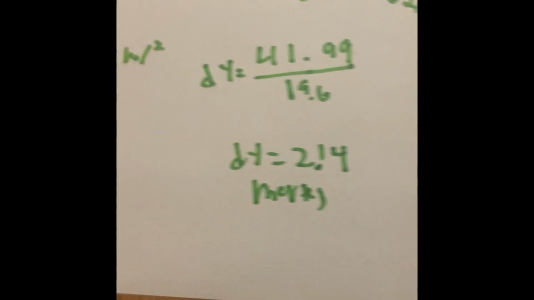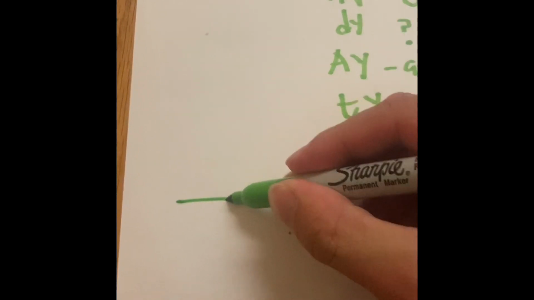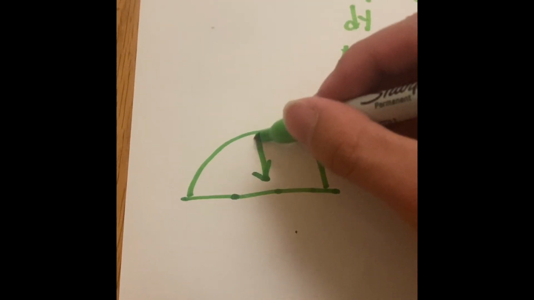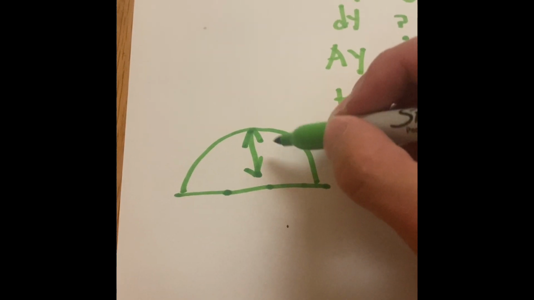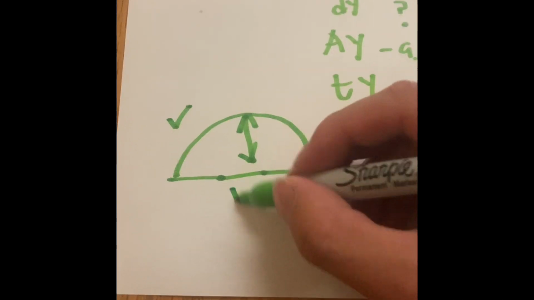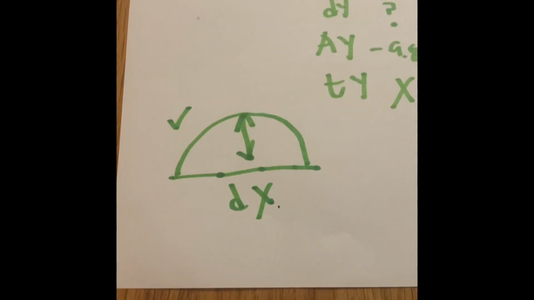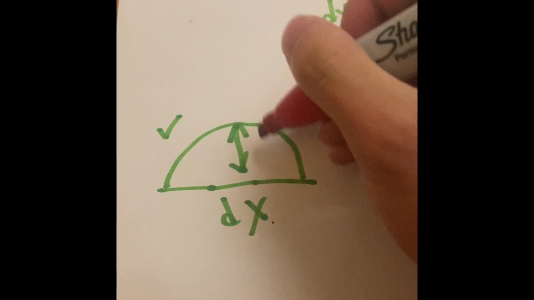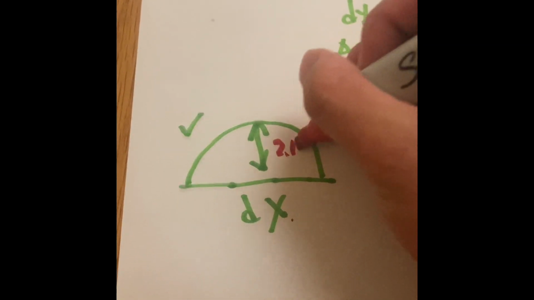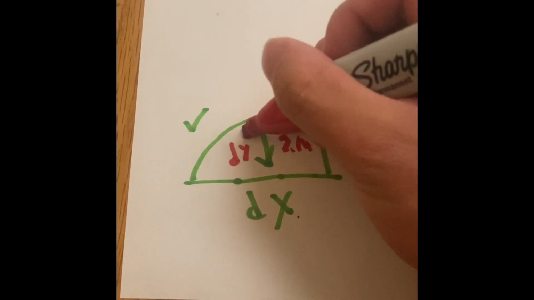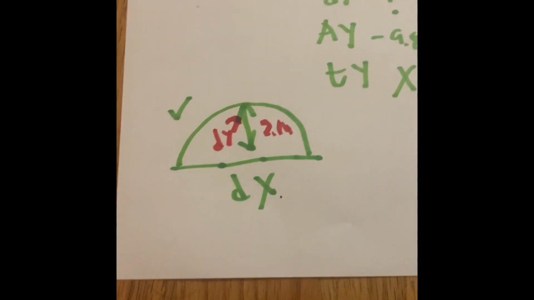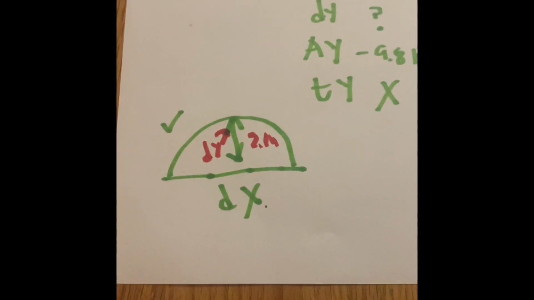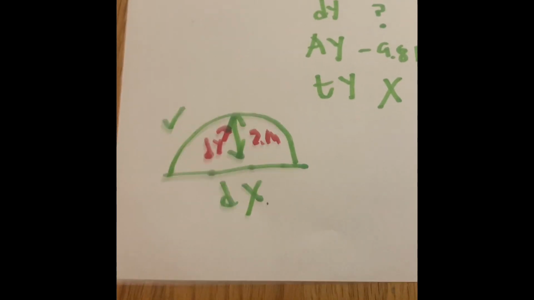So that is telling us that when the person kicked the soccer ball, if this was the flight path right here, and this was v here, then we have dx for the horizontal part, the distance on the horizontal part, then the height of the ball, or the altitude, was 2.14, and that's our dy right here. That is telling us that the ball went up at a max altitude of 2.14 meters until it started to fall back down to the ground.